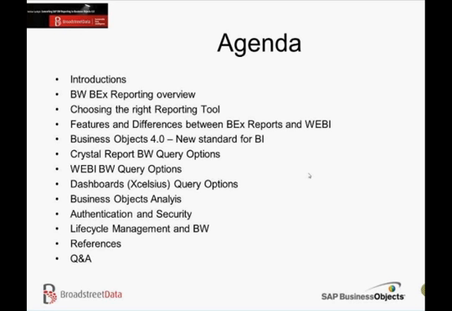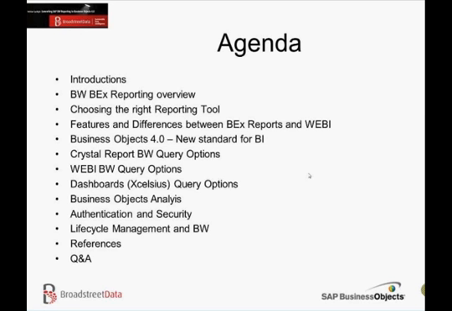We'll determine how we can choose the right reporting tool based on our needs. We'll take a look more specifically at the differences between BEX reports and Webby reports, and some of the advantages of Webby and Web Intelligence that is now available to us within the BusinessObjects environment.